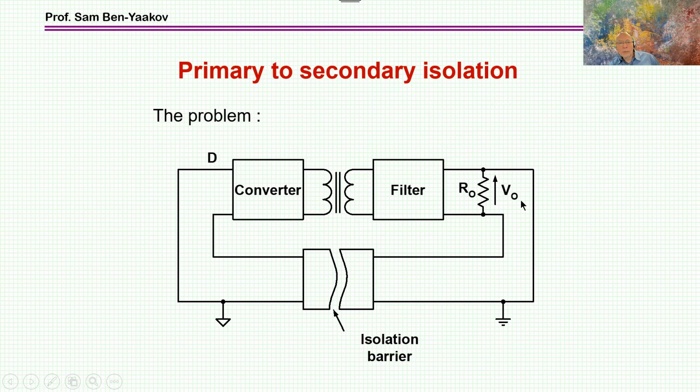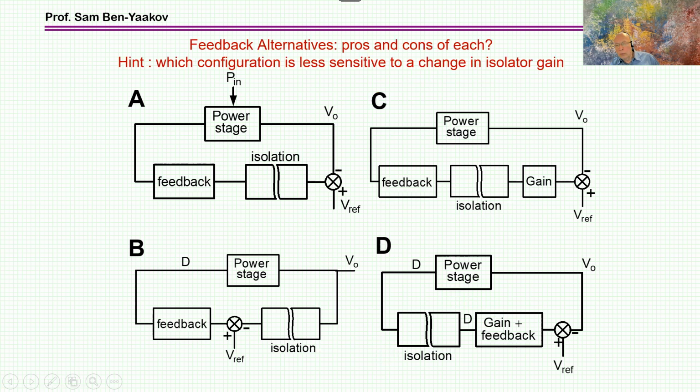And that is the following. You know that in isolated converters, we need to have an isolation in the feedback because we have different grounds. We cannot have a common ground if we have an isolated converter. The whole purpose is to have isolation between the grounds. And now I'm posing this question: where to put the isolation?